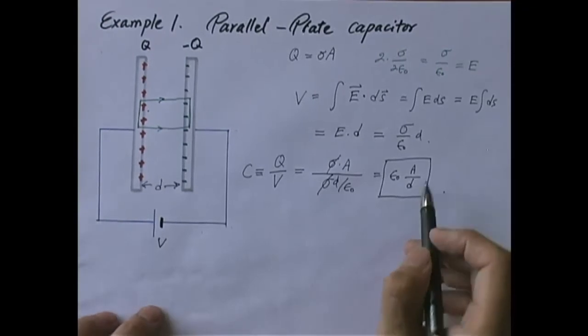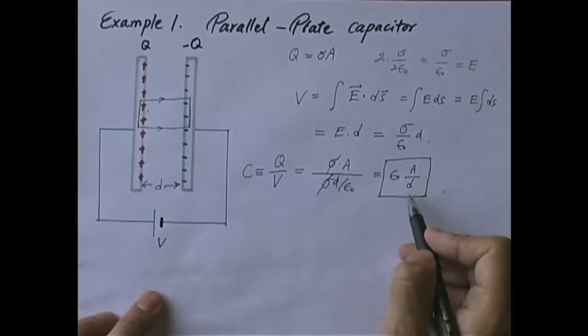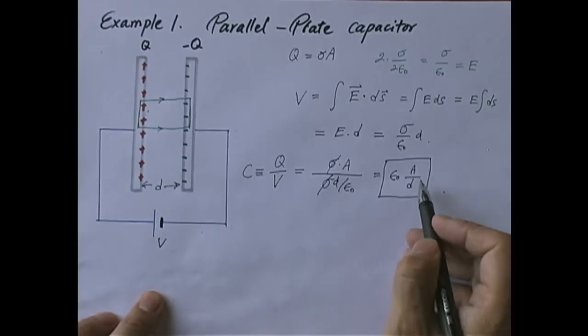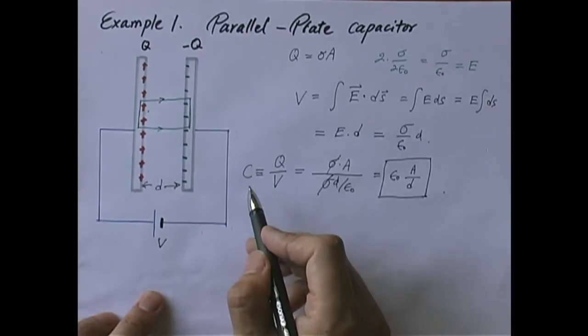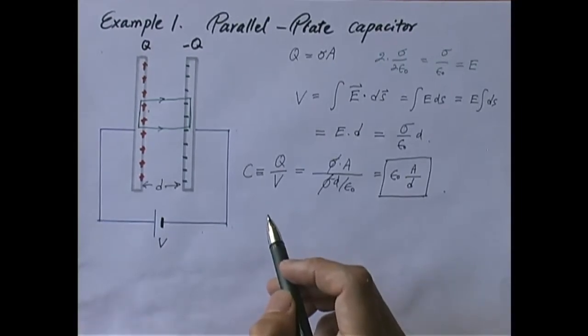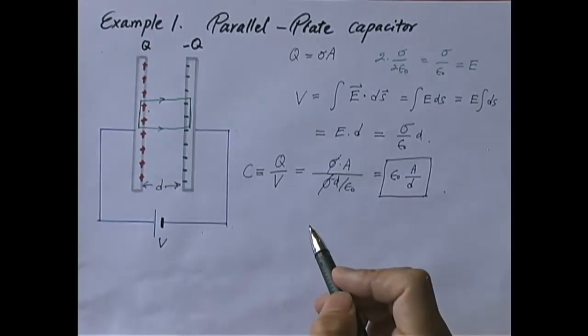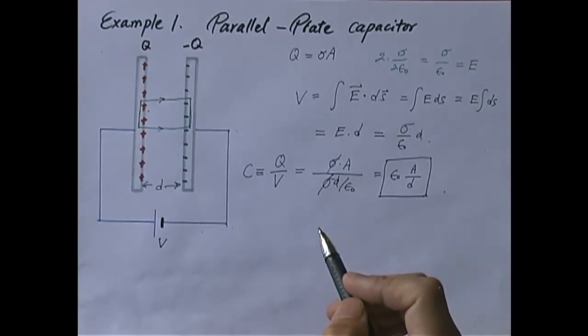And again, since epsilon naught is an extremely small number, unless the dimension following that is extremely large, you are going to get a very small numerical value for the capacitance. And therefore, since the farad is extraordinarily large, in a common electrical circuit we usually use something like microfarad, something like nanofarad, or even picofarad.